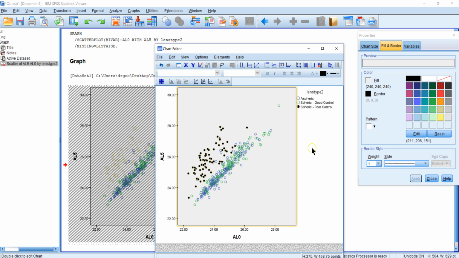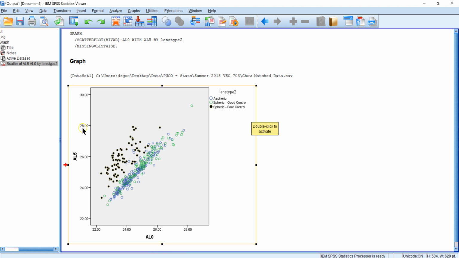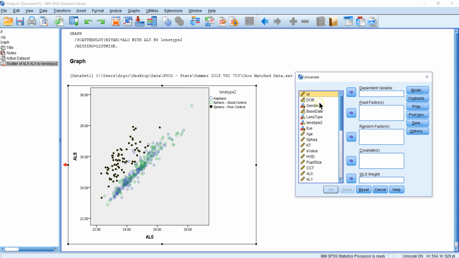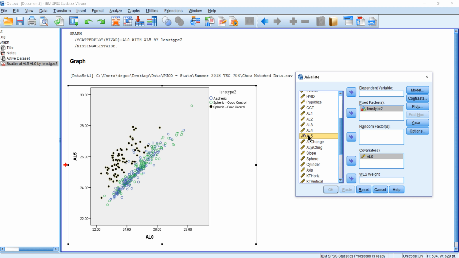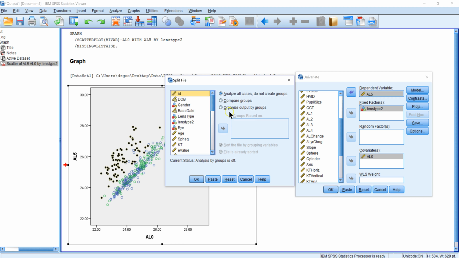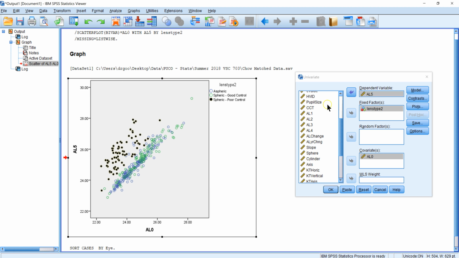Okay, so having done that, let's get started. So first we'll quickly just go through and plug in our analysis of covariance. And before I get too much further, I need to remember to split my file by eye so we maintain our independence.